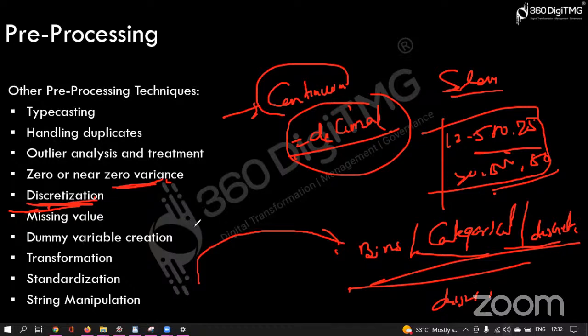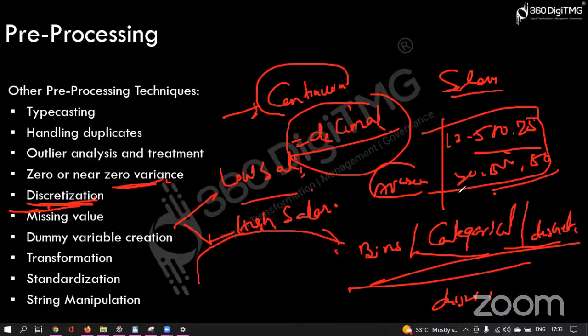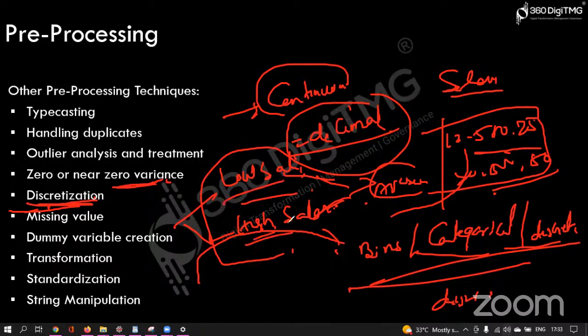I'm converting those salaries into two categories, low and high. I take the average of all those salaries. Whatever values are greater than the average, I consider as high salaries. Whatever values are less than the average, I consider as low salaries. Now, whatever continuous values I have, I'm simply converting into the categories low and high. This is what we call discretization.